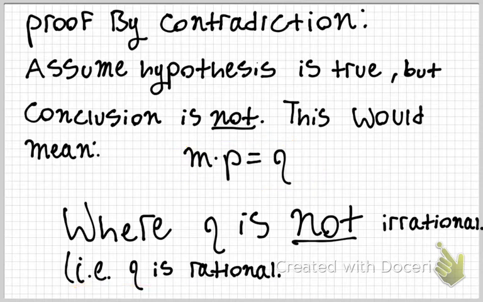So basically, what I'm assuming right now is that a rational number times an irrational number equals a rational number. And I'm going to show that that leads to a contradiction. Okay. All right. So let's keep moving forward.